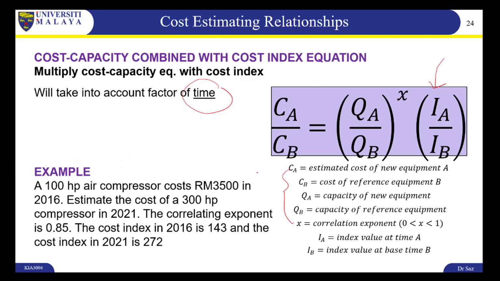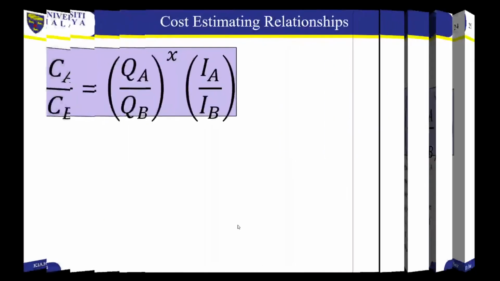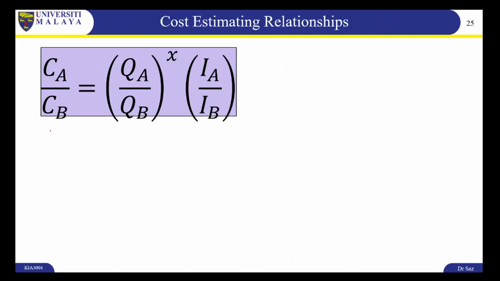Now let's look at another example. It's the same example from previously, but we have more information now. A 100 horsepower air compressor costs 3,500 in 2016, and we want to estimate the cost of a 300 horsepower compressor in 2021. X is 0.85. The cost index in 2016 is 143, and the cost index in 2021 is 272. Now let's write all of this down.